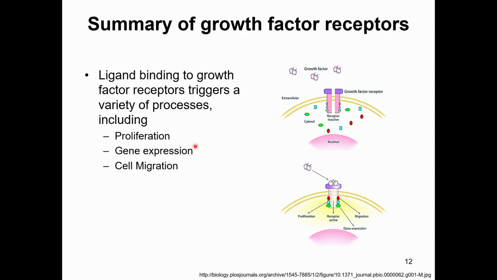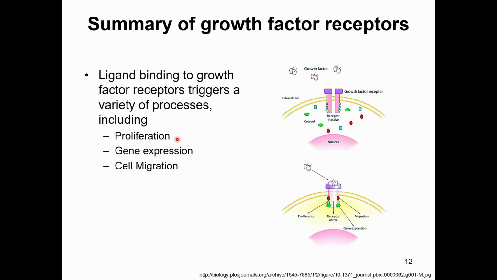But in addition to that, a lot of that growth, the cellular outcome, involves changes in gene expression. And so these are typically the target genes or genes that are involved in proliferation. So first you get the gene expression and then you get proliferation.